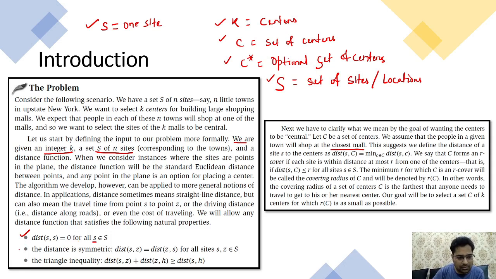Next, the distance symmetry, or symmetric property. If there is another point named z, the distance between them should be equal, because we have already said the Euclidean distance should follow this. Clear? Next, triangle inequality.